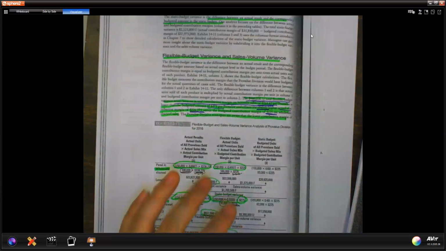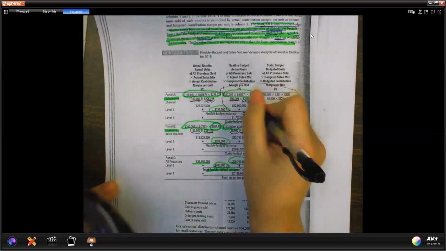And then the second one, we call it the sales volume variance. That's also what you have learned in your cost accounting. So sales volume variance basically is from your different sales volume, right? Some students say, hey, what's the difference between sales volume and sales quantity? I'm telling you now. So this is sales volume variance. You compare these two numbers, and they use the same contribution margin, 225. The only difference is under flexible budget you use the actual output, 100,000, but for the static budget you use 93,000.